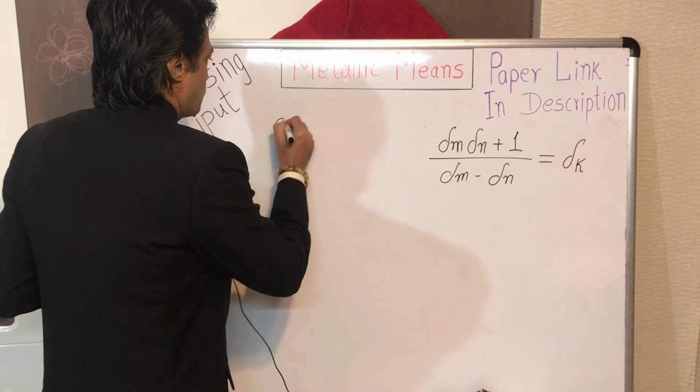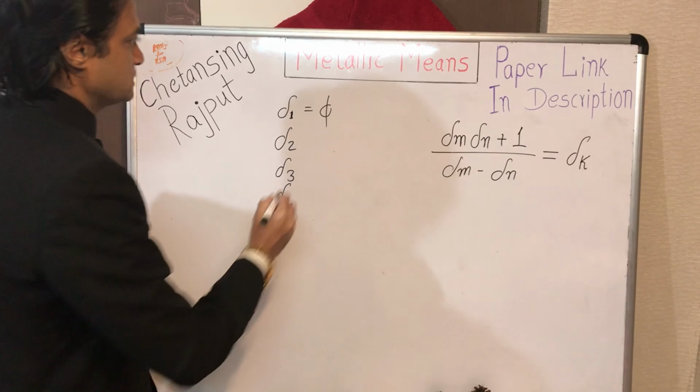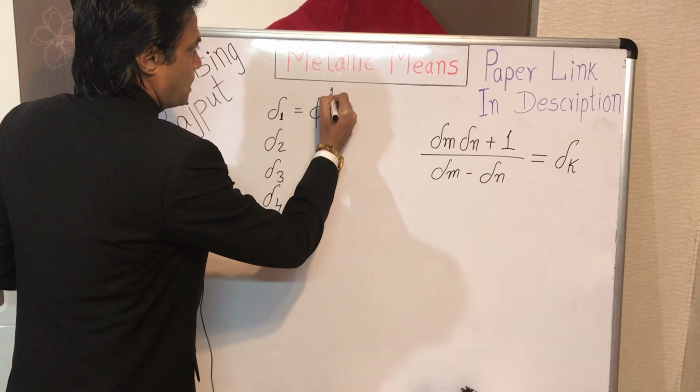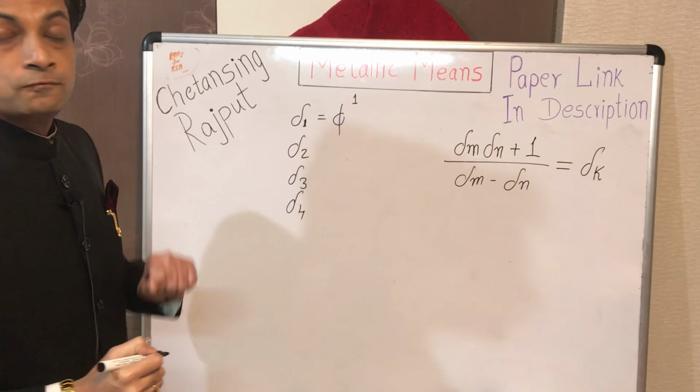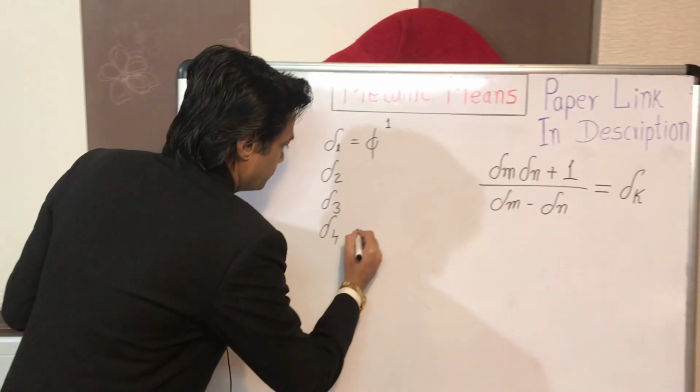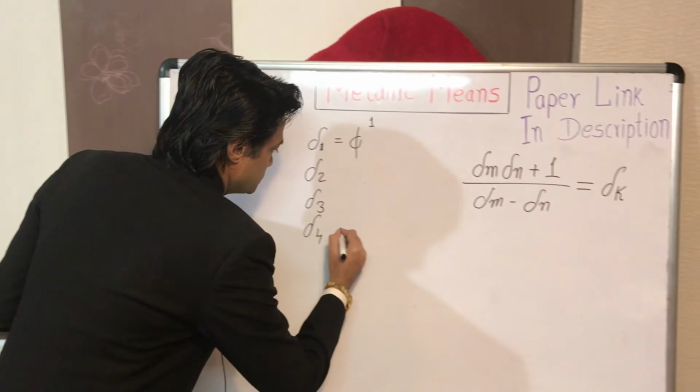But there is an important aspect of this series of metallic ratios. The first metallic ratio, the golden ratio, delta 1, can also be written as the first power of phi. Then the fourth metallic ratio precisely equals the cube of the golden ratio.